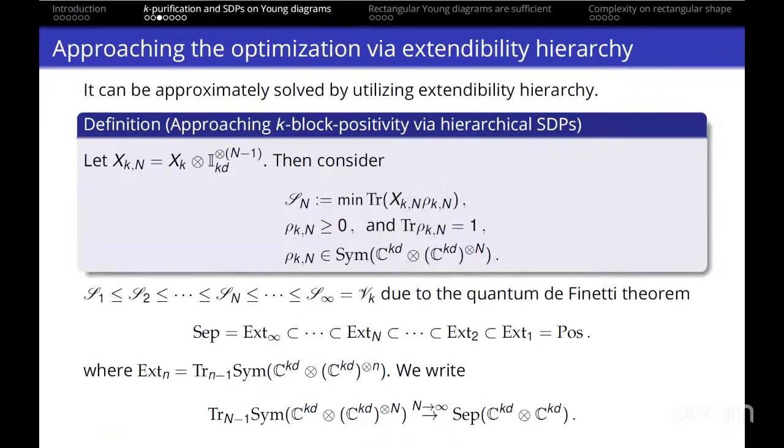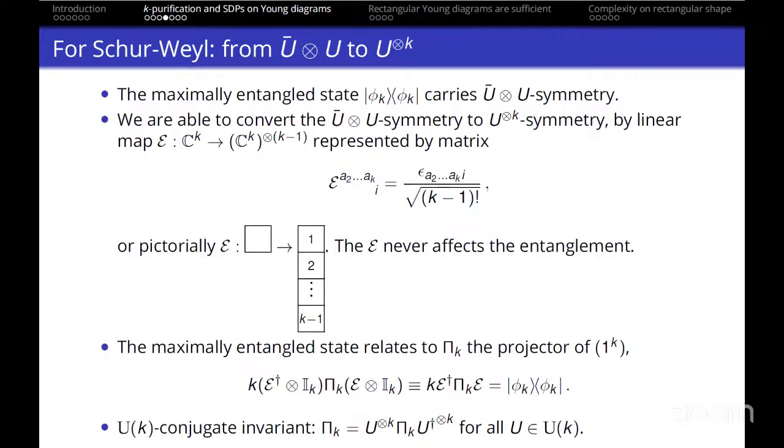But before going to further analysis, I will use a trick to convert the U tensor U symmetry to U tensor K symmetry, or unitary conjugate symmetry. For the purpose of using Schur-Weyl duality, we can consider a complex conjugate representation by extending the one box to a K-1 box.